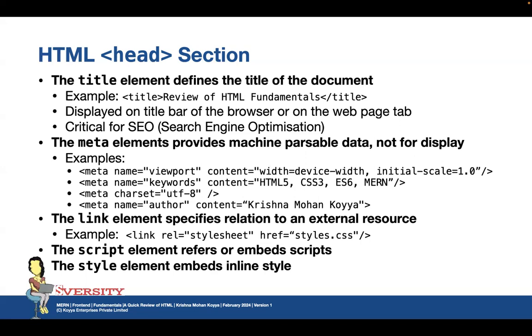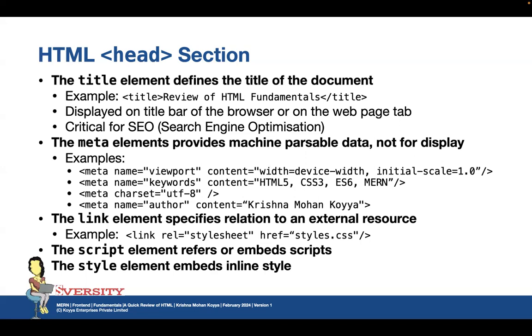Remember, there is something called search engine optimization. So you know Google search engines and other things, right? They search for content. They search for the content based on many factors, and one of the factors is, of course, the title of the document. So for SEO to search your document properly and to get your document to be listed in the search results as prominently as possible, you need to be very careful about writing the appropriate title.